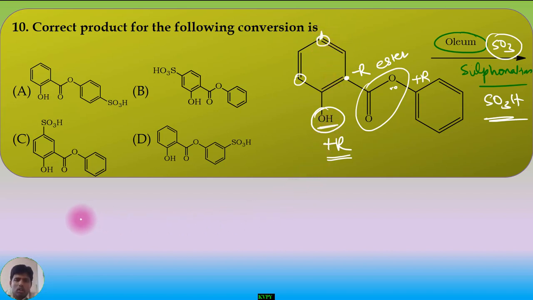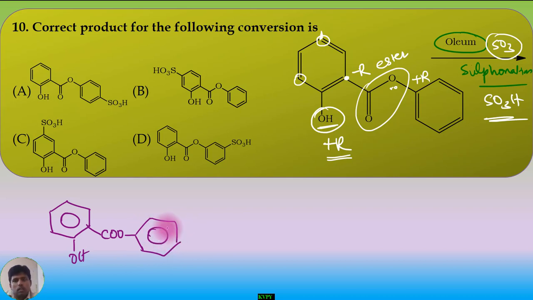So our product here will be something like this. OH, COO. This is our reactant. Oleum gives SO3 as an electrophile. So this will undergo substitution in this ring.